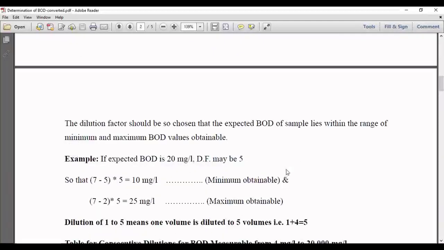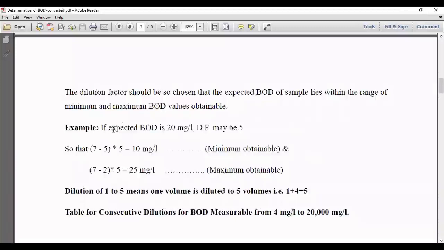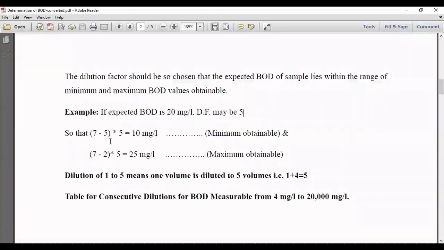For example, if my expected BOD is going to come to 20 mg per liter, my dilution factor should be 5. Why 5? We have already seen that if I take the dilution factor as 5, the minimum value of BOD that I can get is 10 mg per liter, and the maximum value that I can get for that dilution factor of 5 is 25 mg per liter.